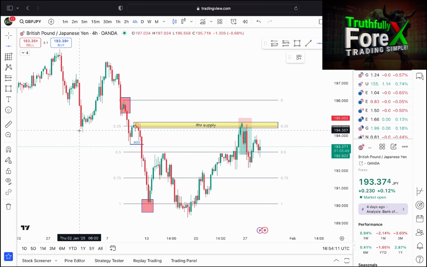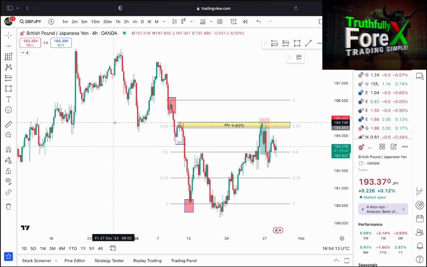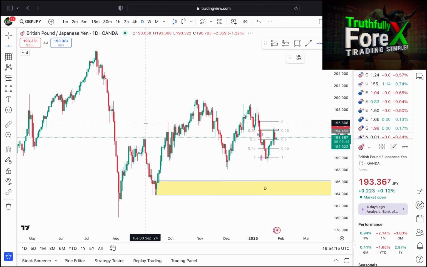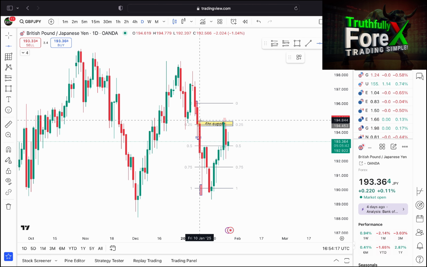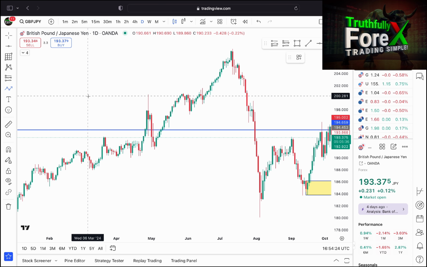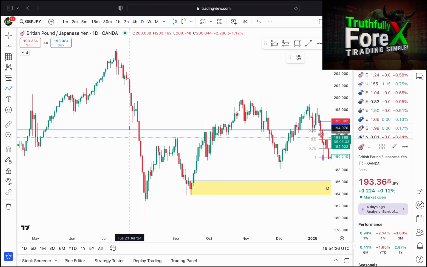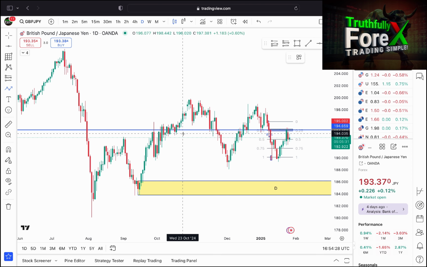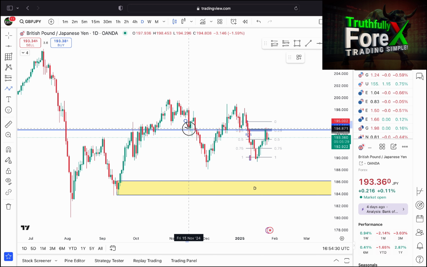Another thing is, here is a very strong support on the daily. Price respects this level. See, it's respected it here, bounced up, broke through.